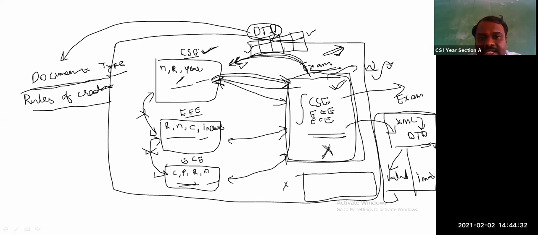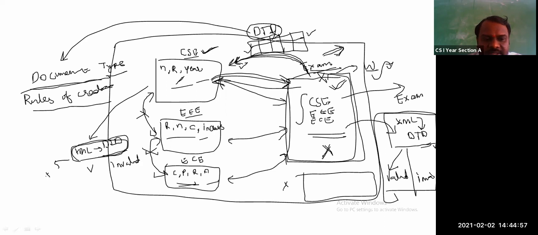After preparing, we need to check that XML document against your DTD, which will convey whether it is valid or invalid. The exam branch will not blindly believe their document. So this process is called XML validation.